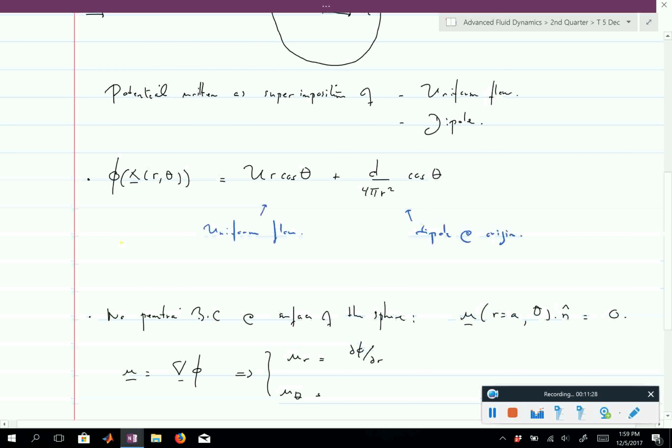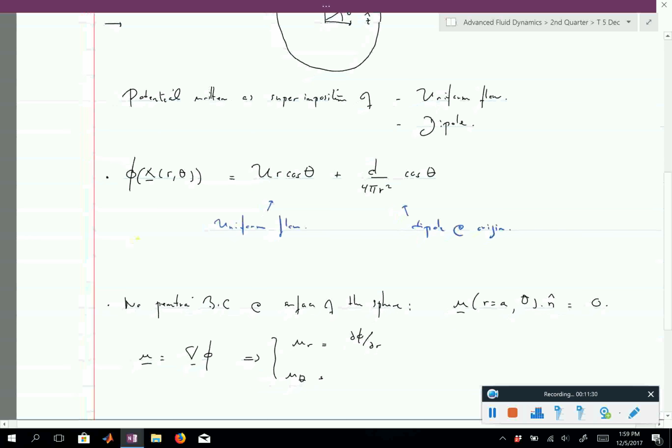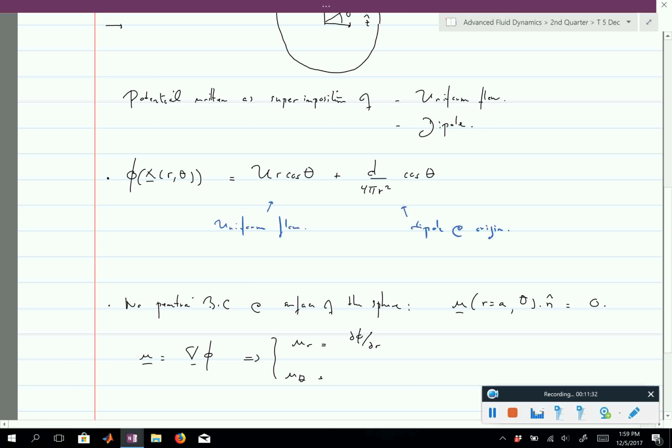In the r direction, the component of my velocity field is partial phi over partial r, and in the theta direction it is 1 over r partial phi over partial theta.